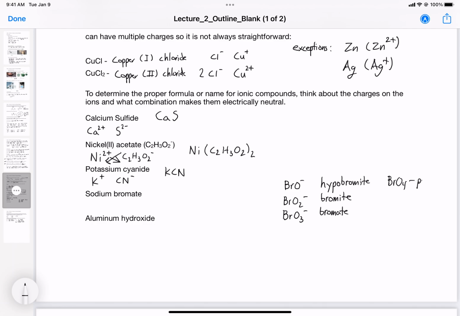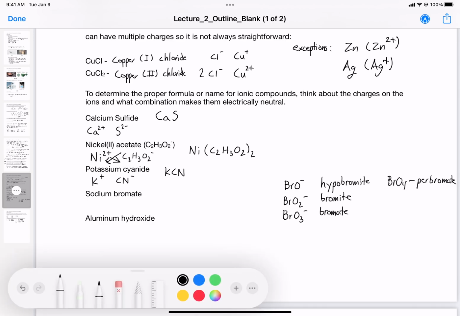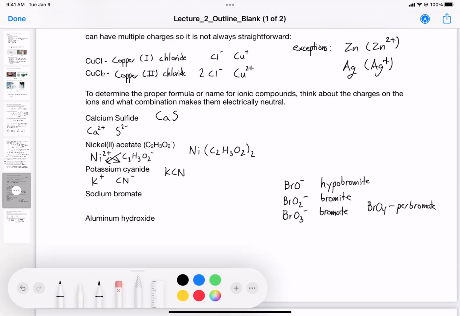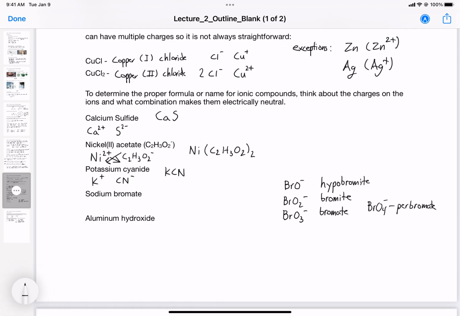This is perbromate. Okay, but let me just move this over here so it's not going off the page. So BrO4 minus is perbromate, sorry.